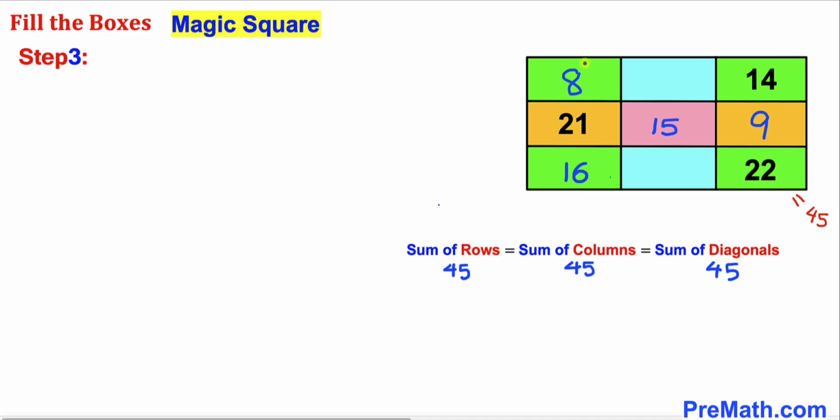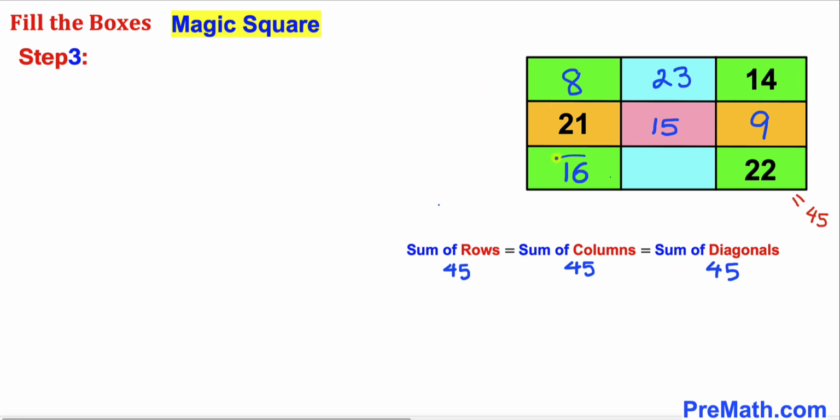And likewise, let's focus on this top row. We have these numbers 8 and 14, so this box must have value 23 such that these three add up to 45.